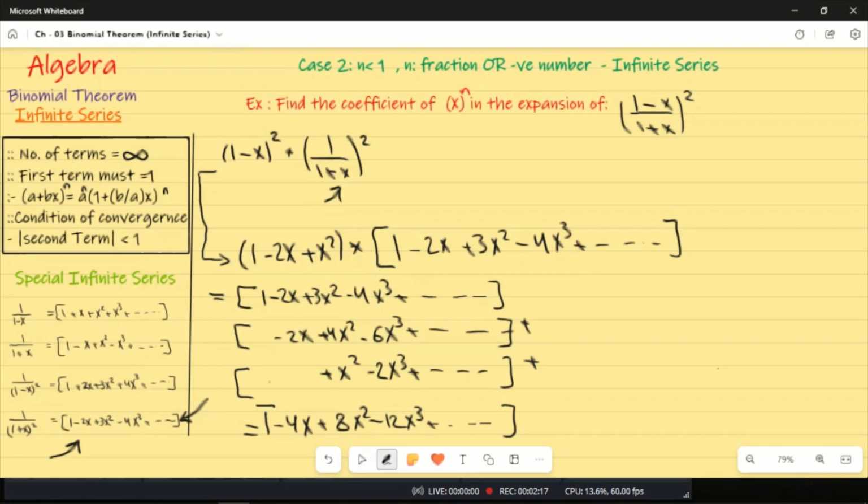Okay, so here if we have to find the coefficient of x power n, just look first at the sign of all terms. In the odd power of x we have a negative sign.